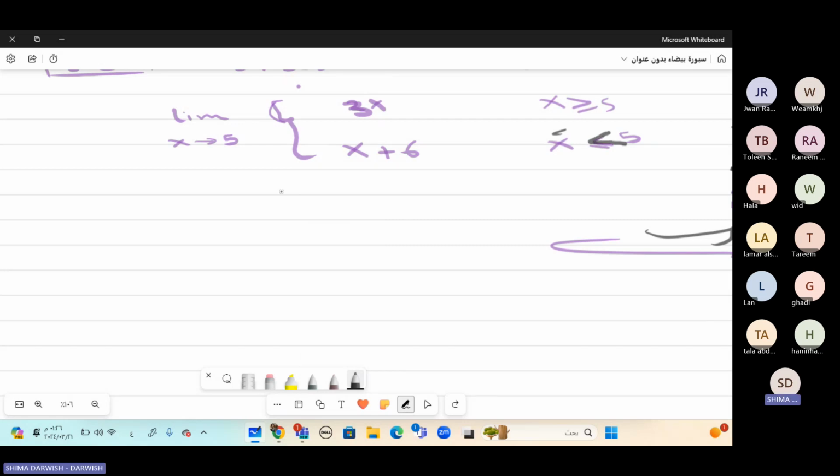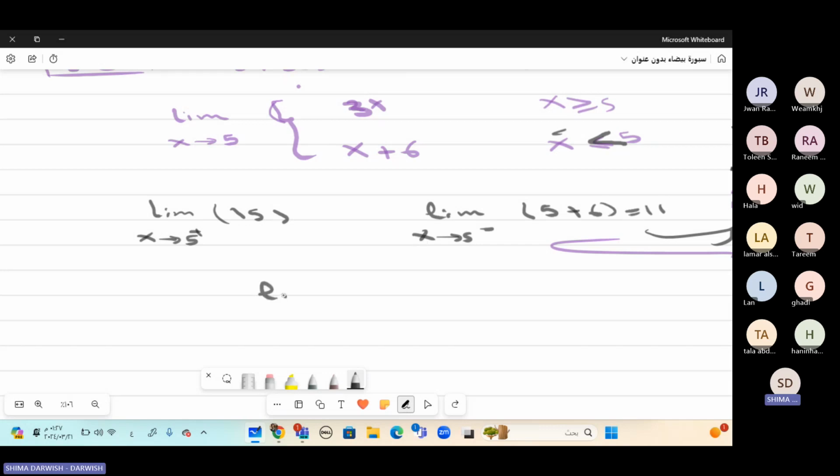Only greater than. Haneen, we should write the limit as x approaches 5 from the right hand side and the limit as x approaches 5 from the left hand side and make substitution. So 15, and make substitute here. It will be 5 plus 6, it will be 11.